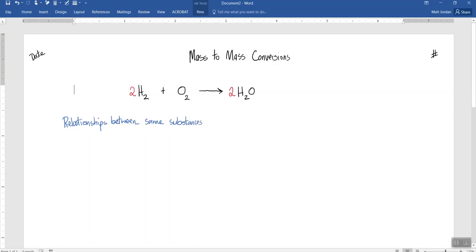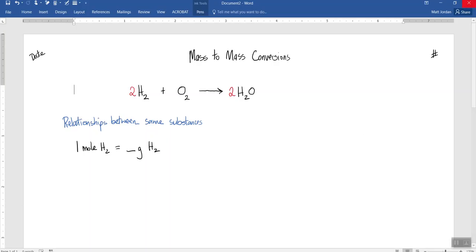For example, we can make a relationship of hydrogen gas to how much it weighs. So, for example, 1 mole of H2 gas would weigh a certain amount of grams of H2.